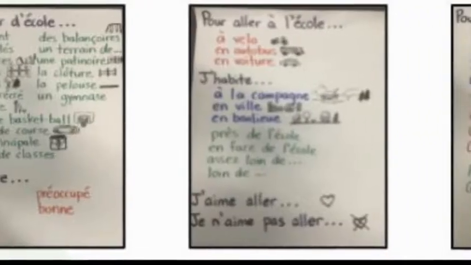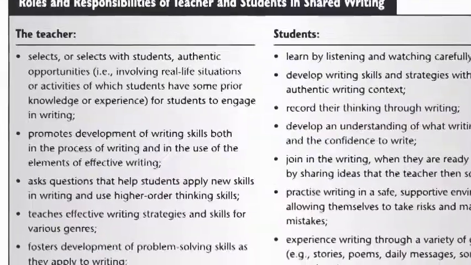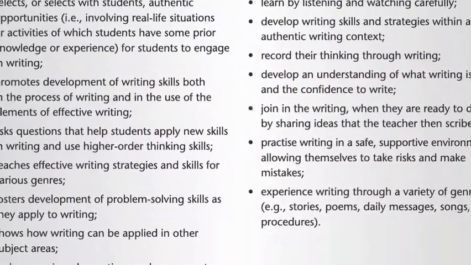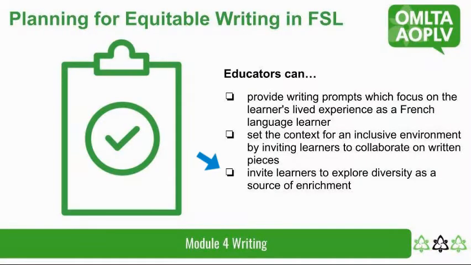The writing that is produced should be easily available to learners so they may read it over and over and use it as a model for their own writing. FSL educators can use shared writing by selecting an appropriate teaching point in FSL, so the French language and its diversities become a source of enrichment based on learners' own lived experience.